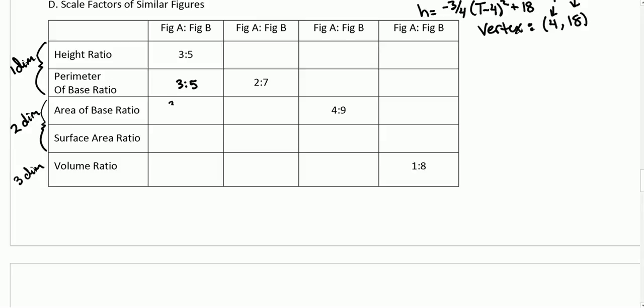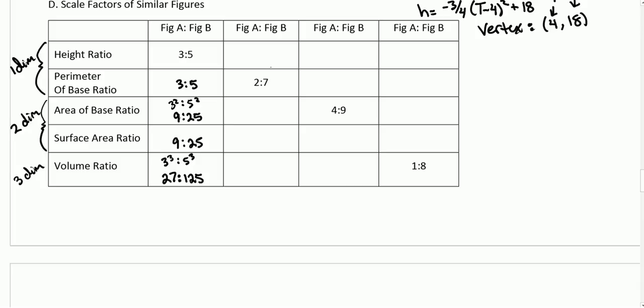So we get 3 squared and 5 squared, which is 9 to 25, which would be the same as the surface area ratio. And to get a three-dimensional ratio, you cube the one-dimensional ratio. So it would be 3 cubed to 5 cubed, or 27 to 125.